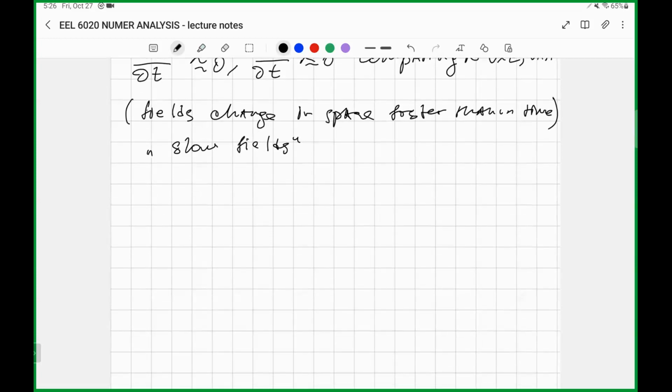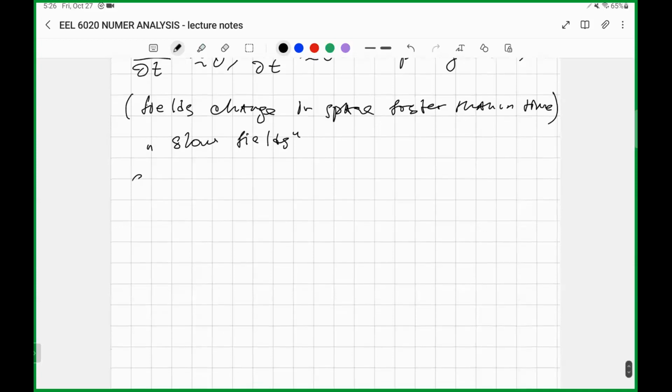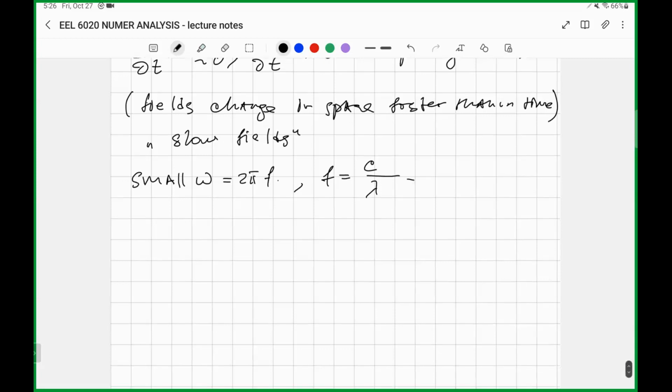So what is the frequency in this regime? The frequency is small. I remind you, omega is equal to 2 pi times f, which is the actual frequency. At the same time, frequency is equal to the speed of light over wavelength.